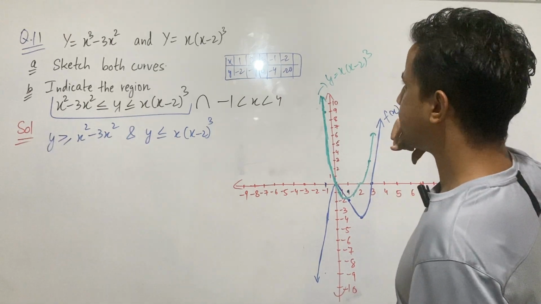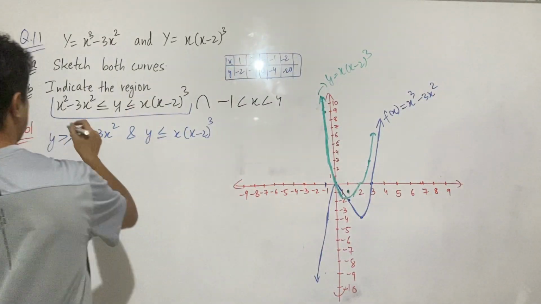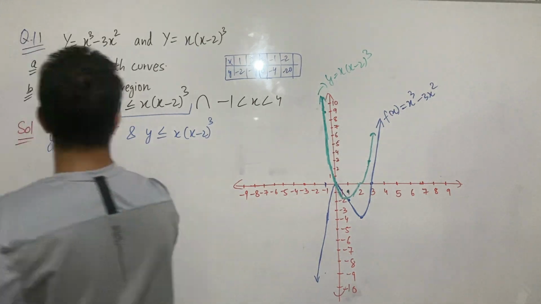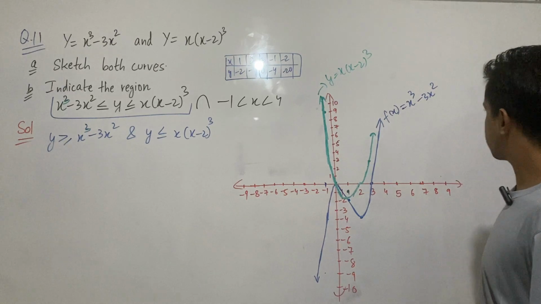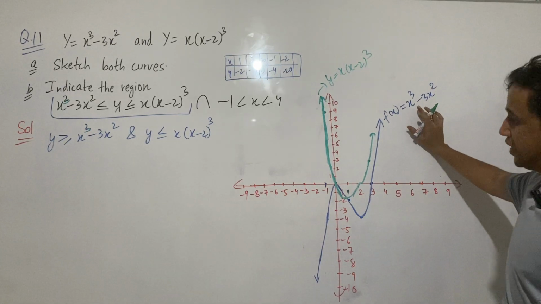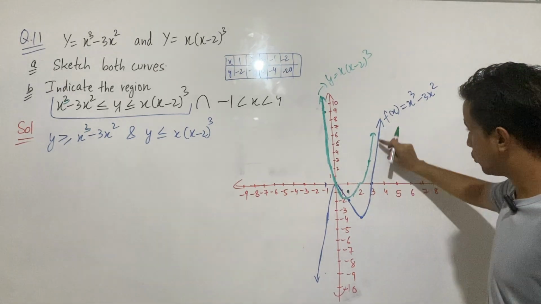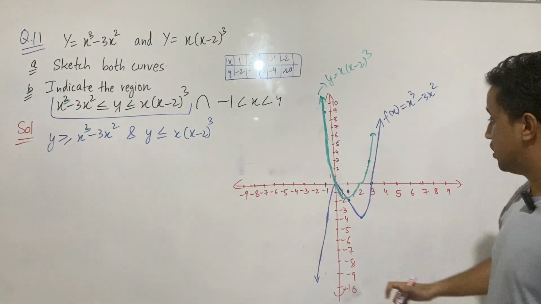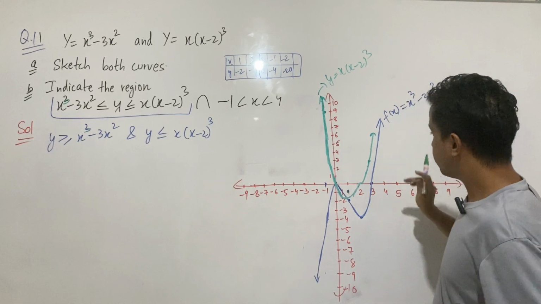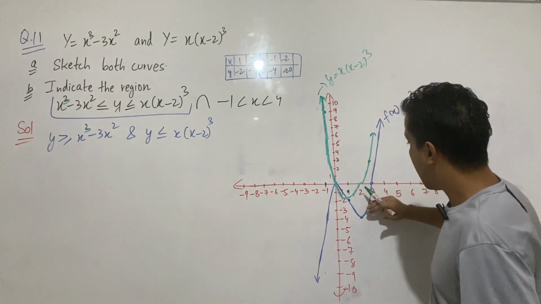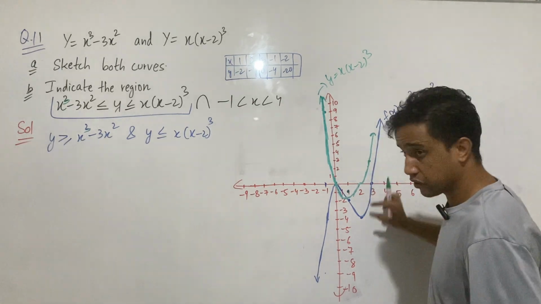So where is x cube minus 3x squared? The blue curve. So they are talking about the region exactly above the curve, including the curve.